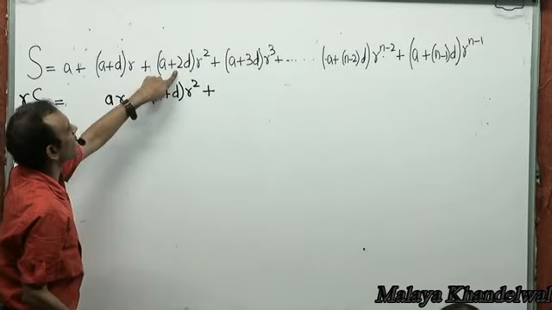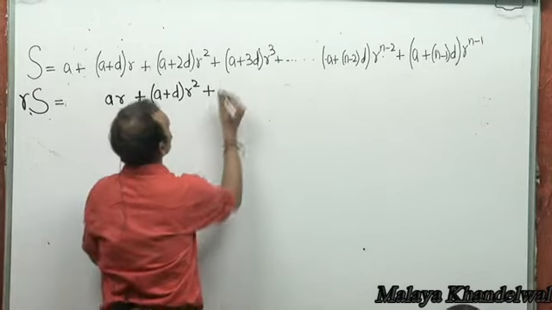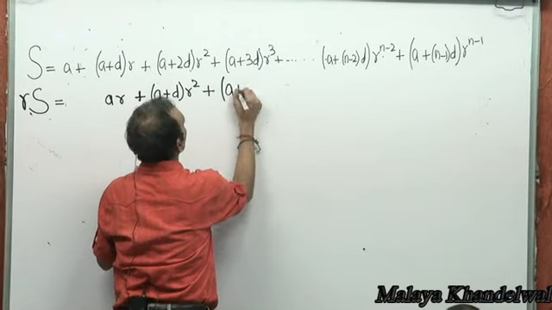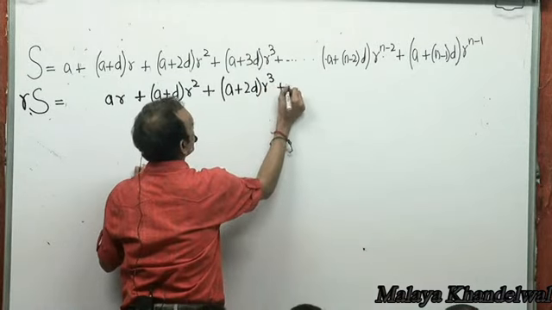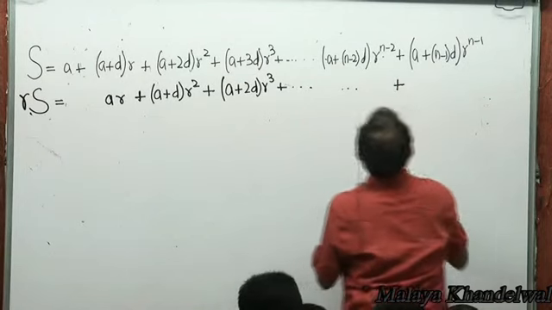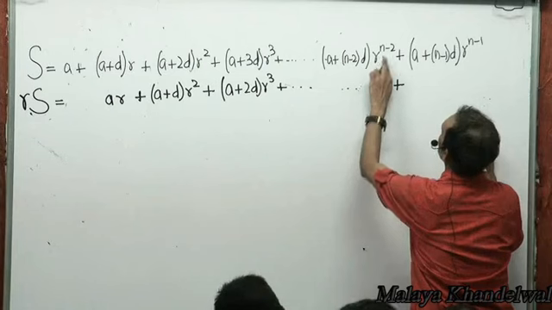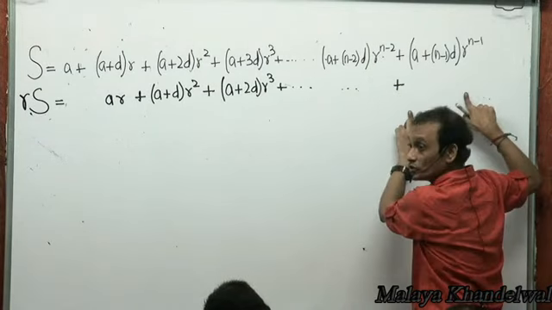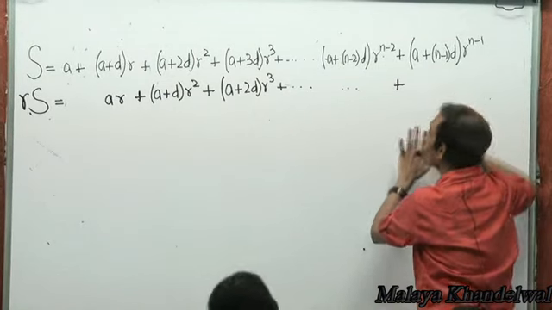When you multiply this with R, this will become A plus 2D into R cubed. Write it below this, and going this way. Eventually, when you multiply this with R, this will become A plus n minus 2 into D, R to power n minus 1. Write it below this. Right? The whole thing has got shifted by 1 unit to the right.